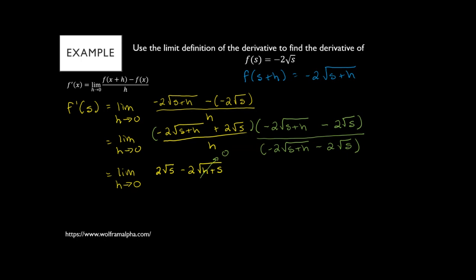Why is this not working out? Because we're going to get 2 square root of s minus 2 square root of s, which gives us 0, which is not correct. So it is not even rationalizing the numerator correctly here for us. Which is interesting.